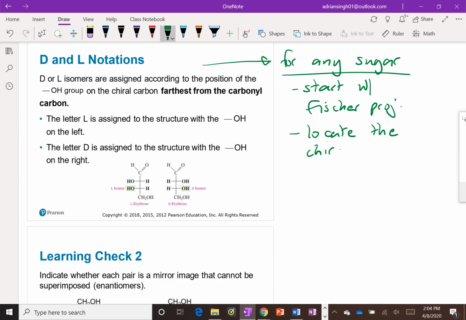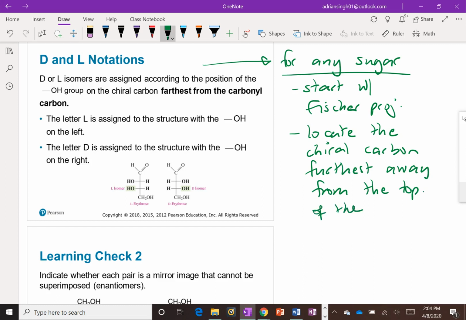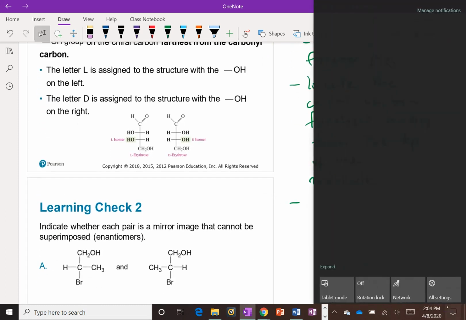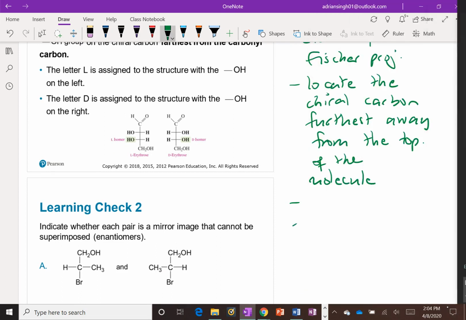Right, remember, a chiral carbon is a carbon with 4 different groups attached to it. And once we identify that chiral carbon that's, in other words, closest to the bottom, all right, then we're going to ask ourselves, where is the OH?